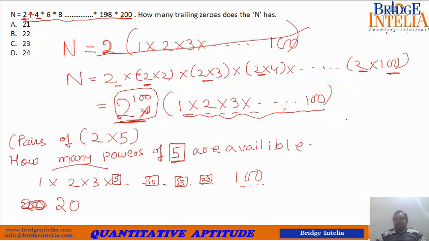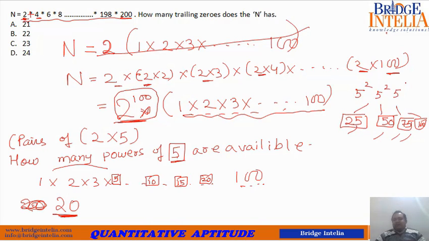But the catch is, look at these numbers: 25, 50, 75 and 100. From these numbers, you have taken out only 1 five, whereas each of these numbers contains 2 powers of 5. 5 square, 5 square, 5 square, 5 square is hidden within them. From these 2 powers, you have till now collected only 1 power.